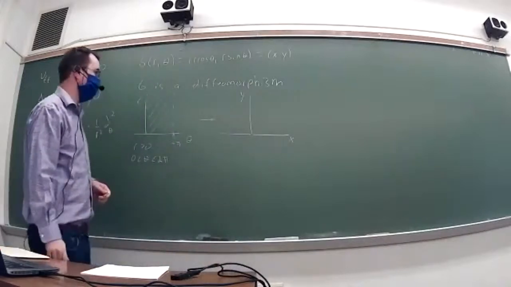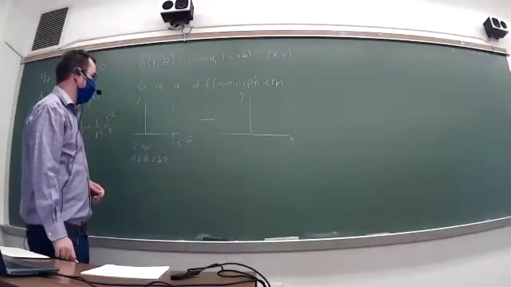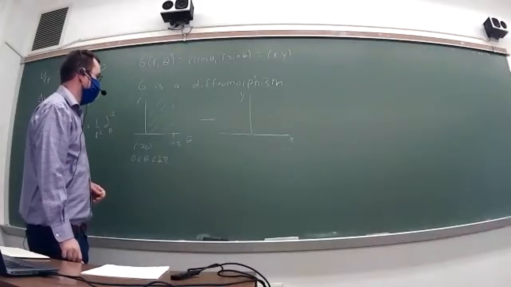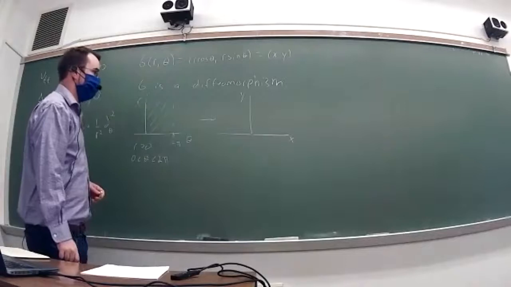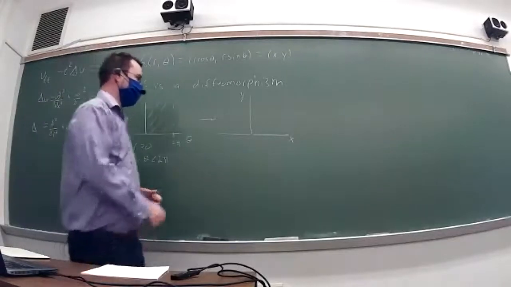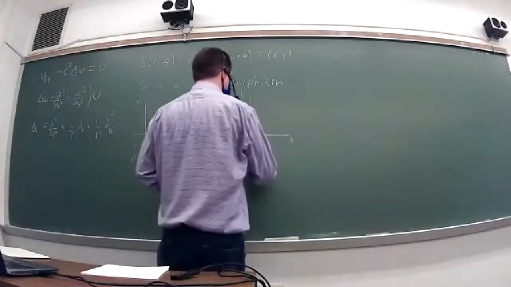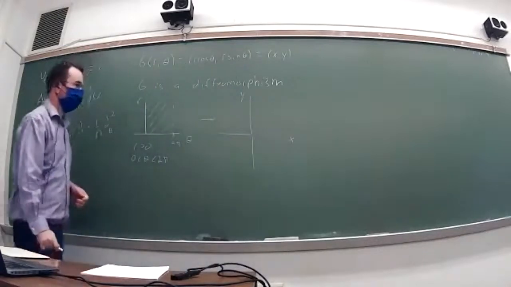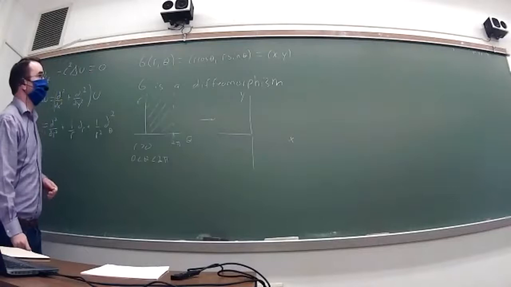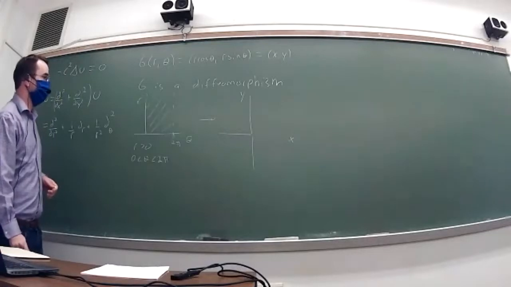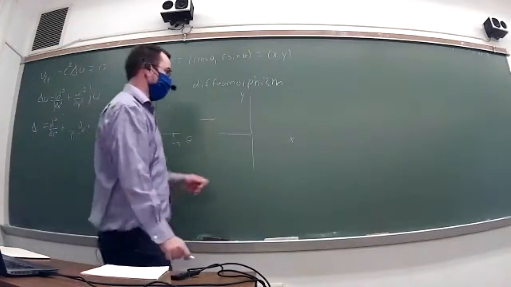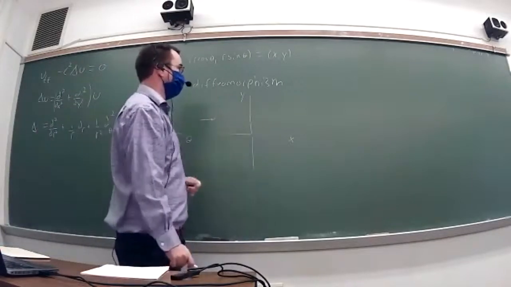And I guess we are missing theta equals 0. So we're actually missing this whole part of the plane. So in terms of one domain to another, the polar coordinates don't quite hit the entire plane.